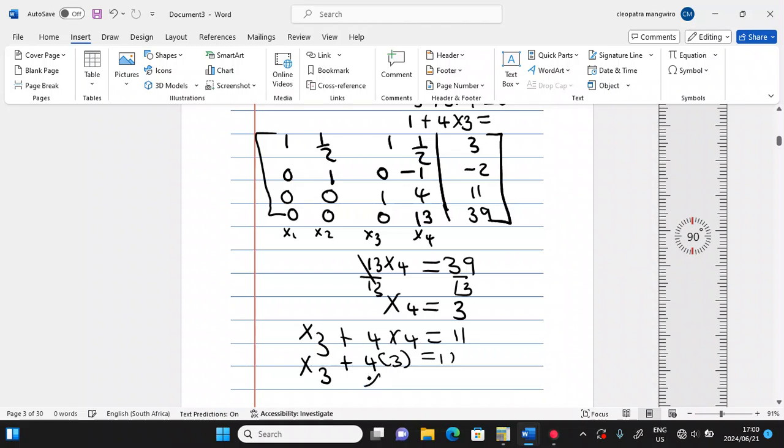So x3 plus 4 times 3 equals 11, so x3 equals 11 minus 12, which is minus 1.